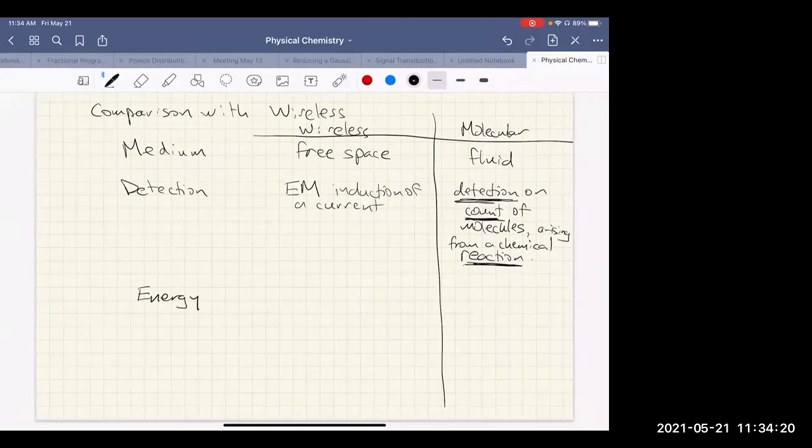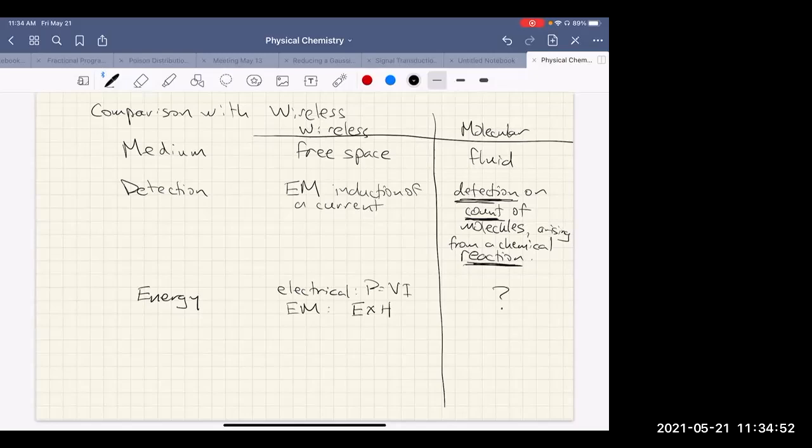Energy is easily formulated in wireless communication. We can talk about the electrical energy, in terms of power being voltage times current, or in terms of EM, the Poynting vector, which is the electric field cross the magnetic intensity. So there are many ways of thinking about energy here.